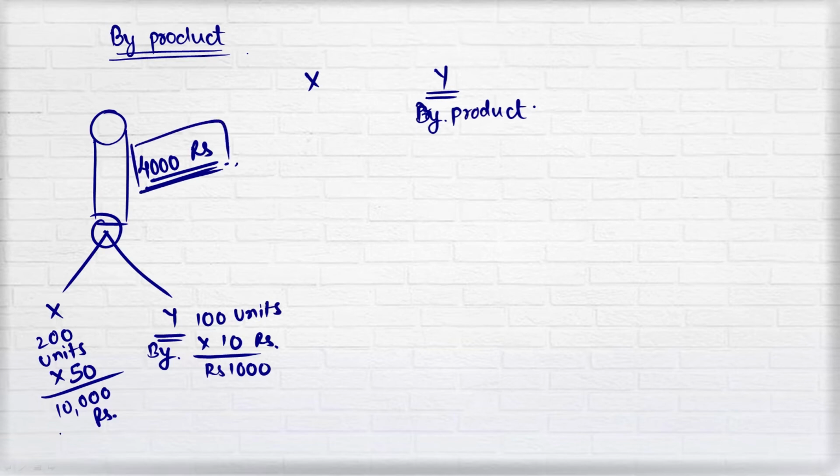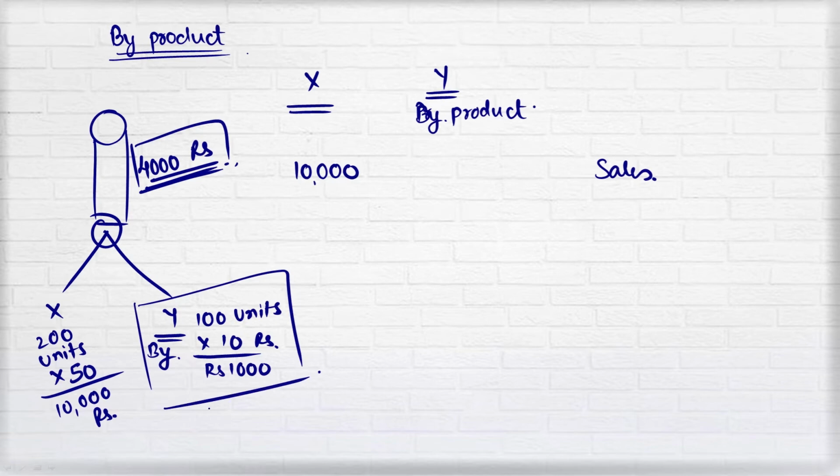Now what to do? Try to concentrate. The first method is, what is the sales of X? It will be nothing but 10,000. What is the revenue from Y? 1,000 rupees. Let us reduce our cost by 1,000 rupees.